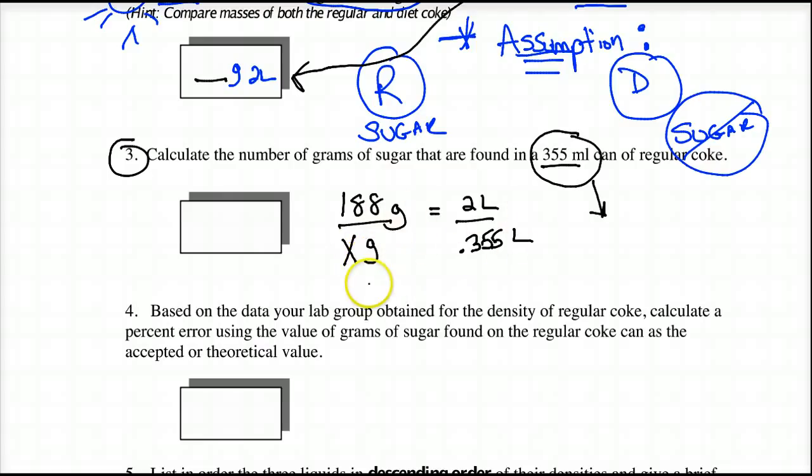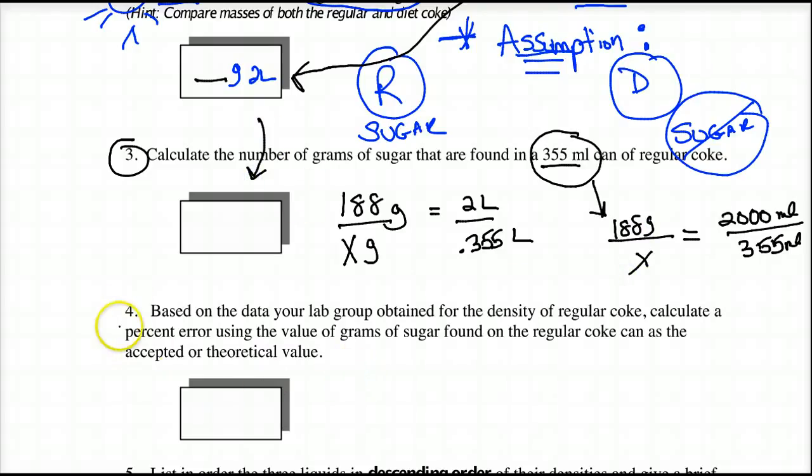Crisscross, multiply, and solve for that. You're going to pare that down for 0.355. And of course, you could set that up as 2,000 milliliters over 355 milliliters, and that's 188 I have, and solve for X. Same thing, so you're going to pare that down. Last but not least, you're going to go up to see what the known value is on the can, and you're going to do a percent error. That's how we do this lab.